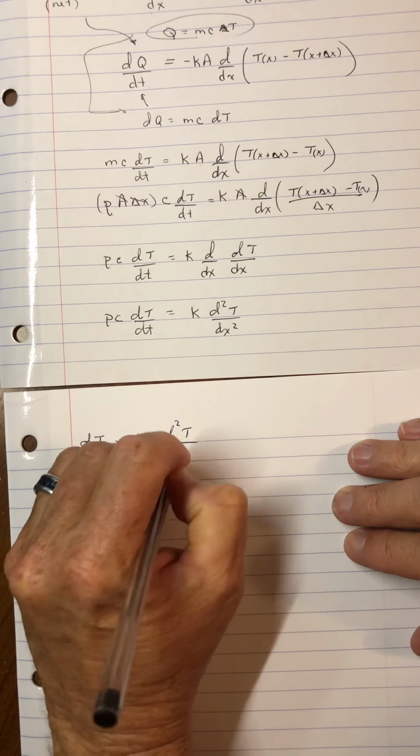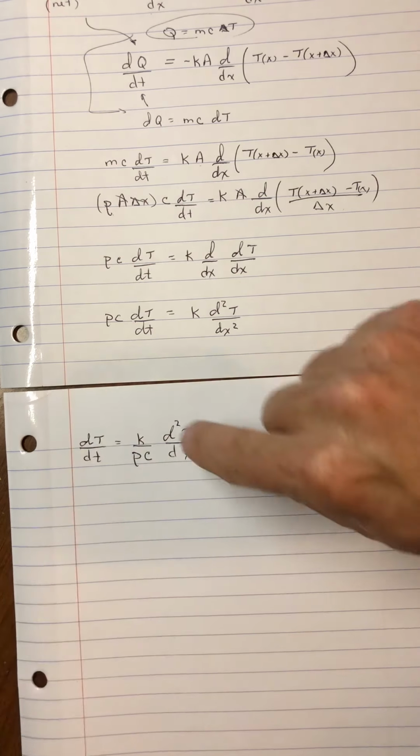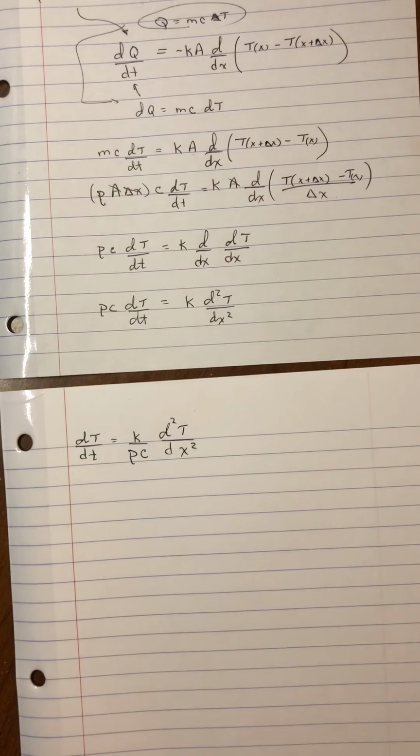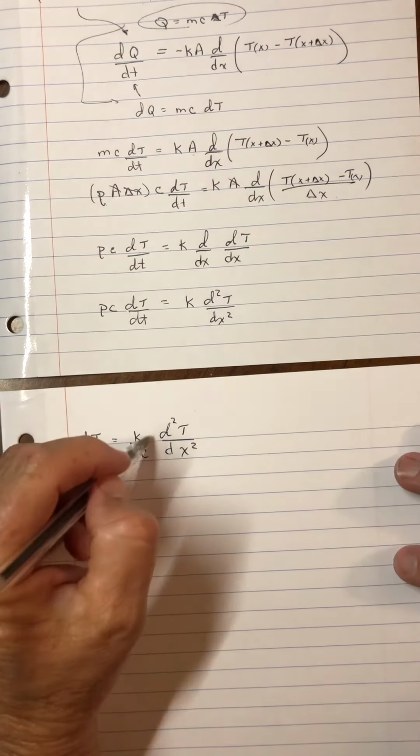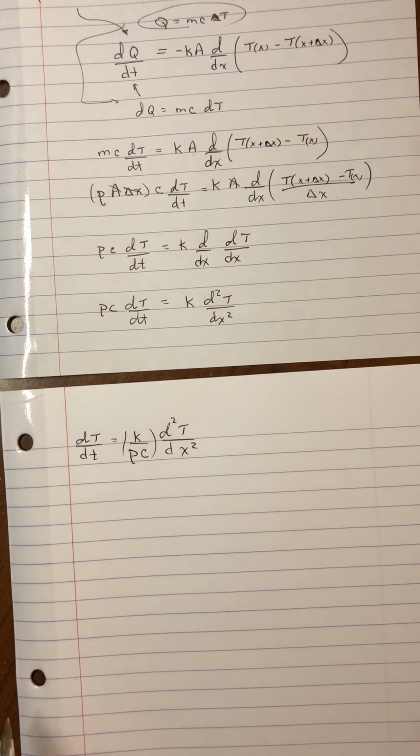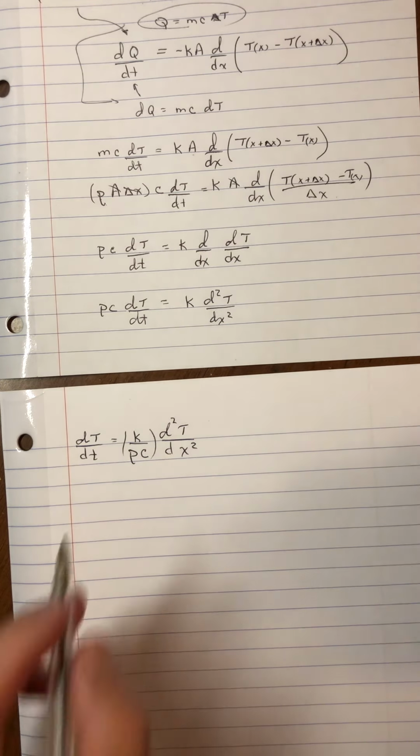And a lot of times then, let me make sure I don't skip over the second derivative. There really is the heat equation. But a lot of times we just group that together as one big factor. It's all factors of the same material. In fact, it looks like a diffusion type of process.